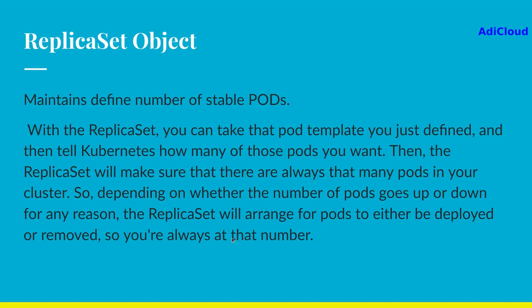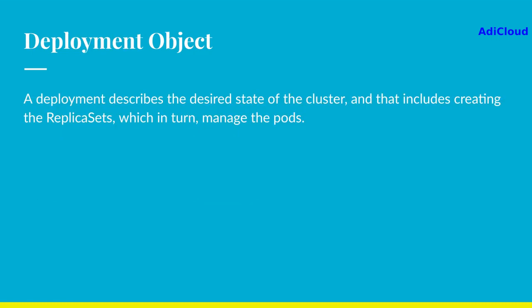So you are always at that number. So just to summarize this, for example, you want 2 pods to be running at any time. So for any reason, if a pod is down, ReplicaSet will make sure that it adds 1 pod, and vice versa in case when there is an extra pod.